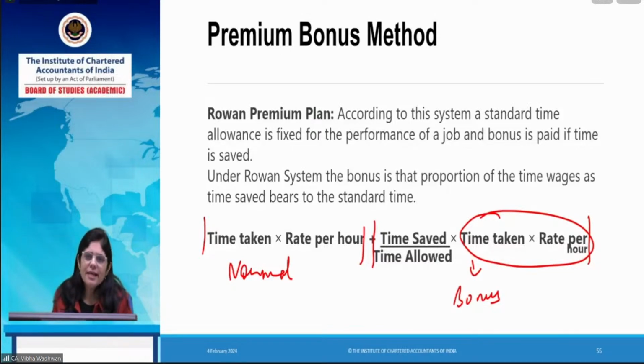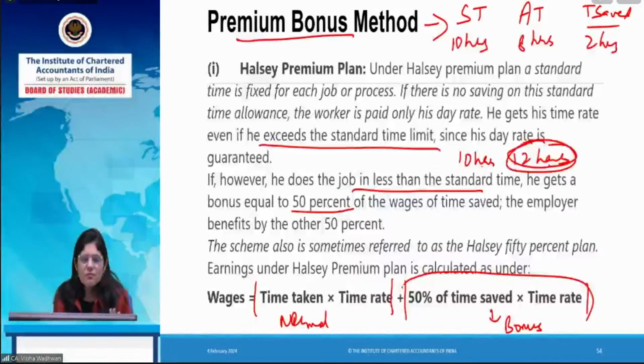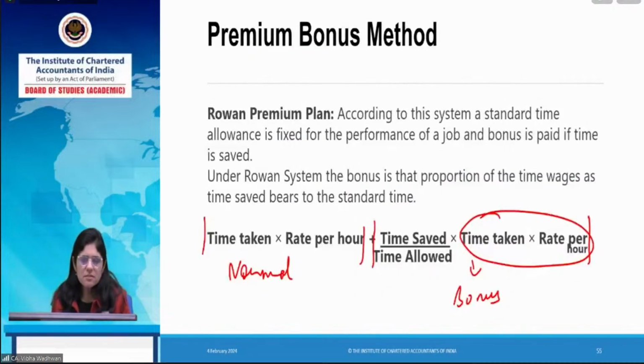So this is Halsey and this is Rowan premium. All right. So I hope you have taken note of it. Halsey premium is 50% of time saved into time rate, and Rowan is the percentage of time saved to time allowed. Time allowed means standard time, and time saved is how much time you have saved, into the normal wages you are getting.